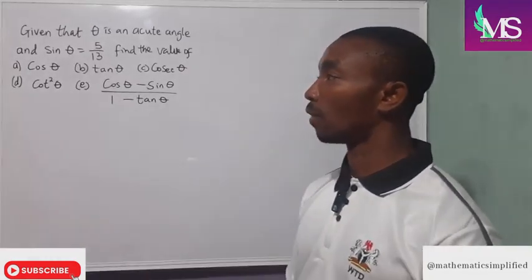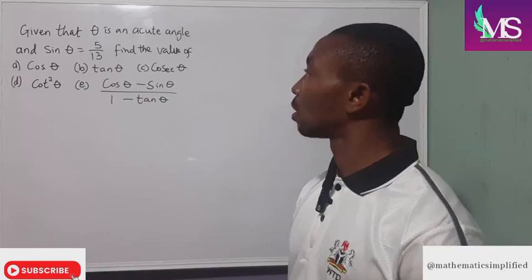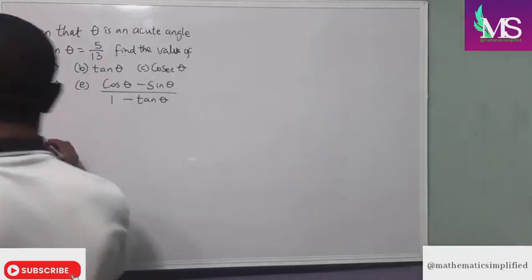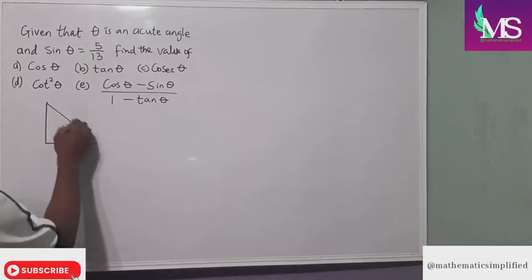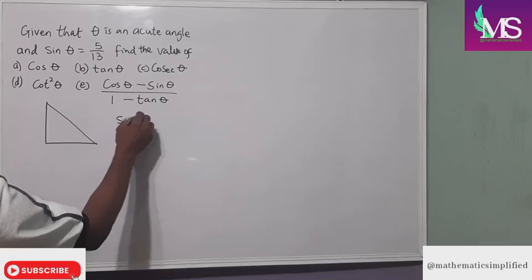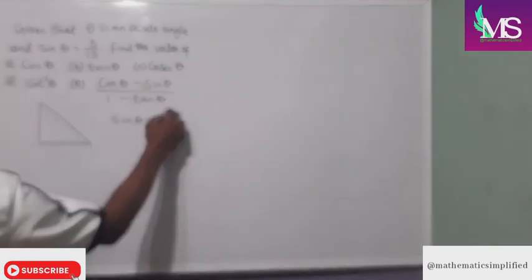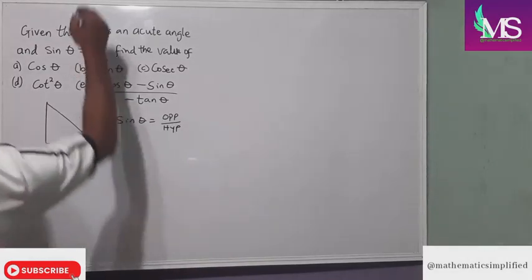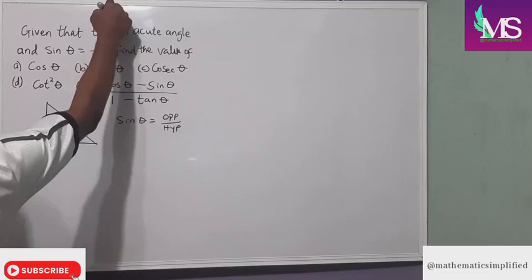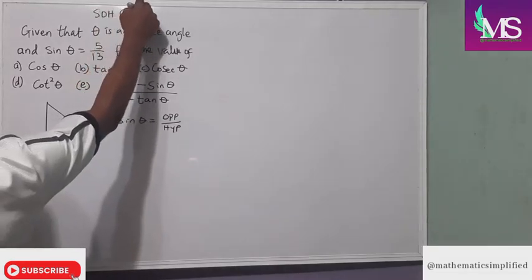Now, in solving for this, let's look at our right angle triangle. If we have a right angle triangle this way, bearing in mind that sine theta equals opposite over hypotenuse, still using the law of SOHCAHTOA.